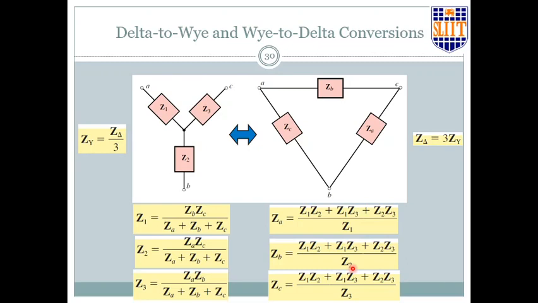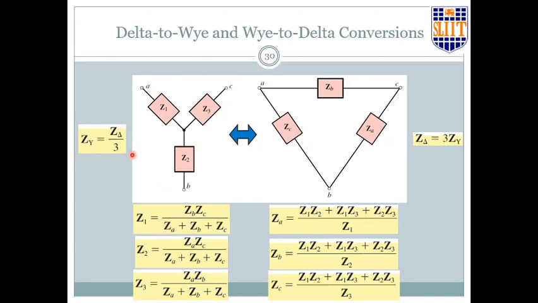Okay, so if these three are equal to each other, from this you can see Z1 is the Y. So if all the Z's are equal, this becomes Z delta squared divided by 3 Z delta.